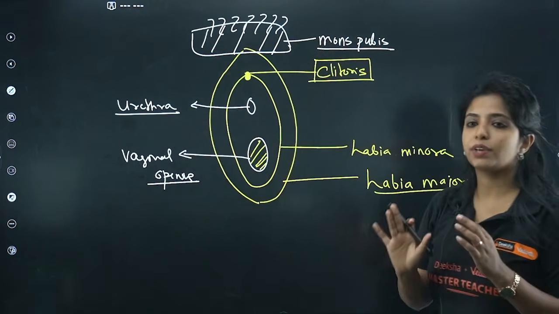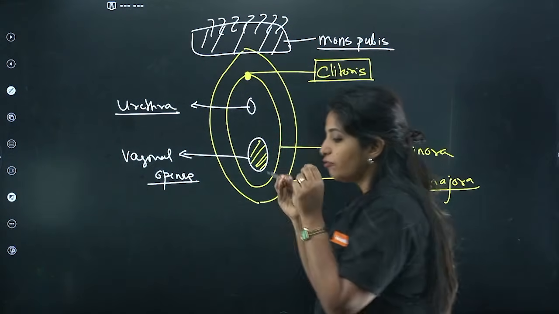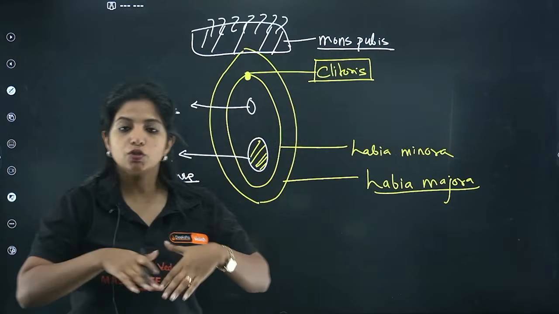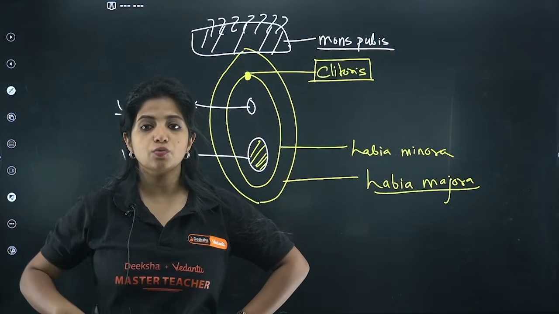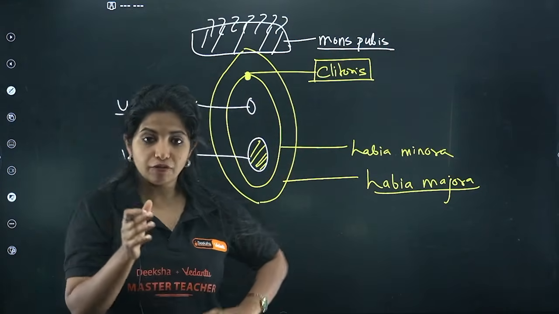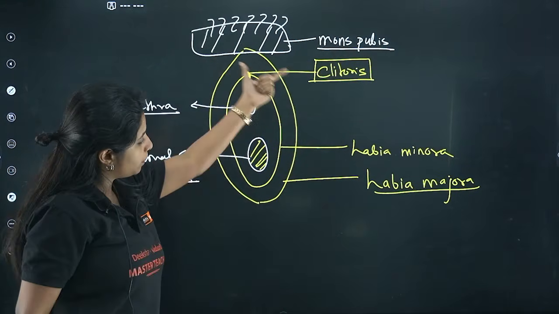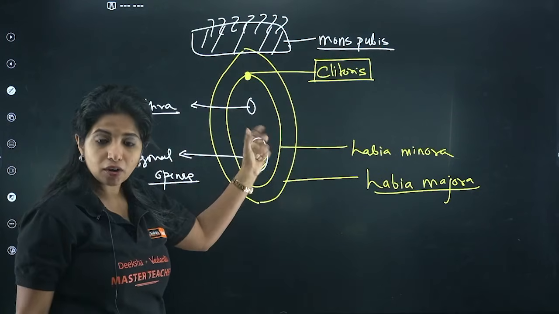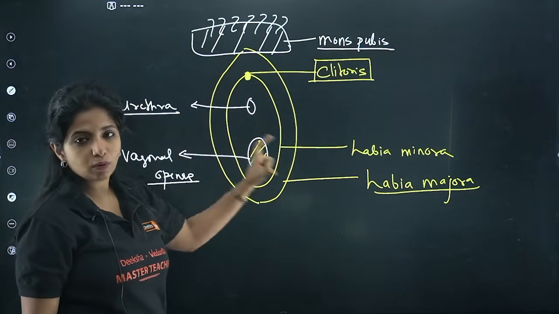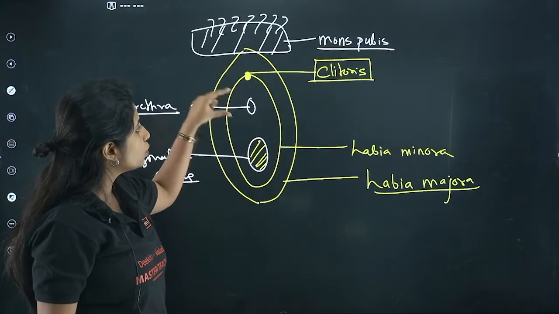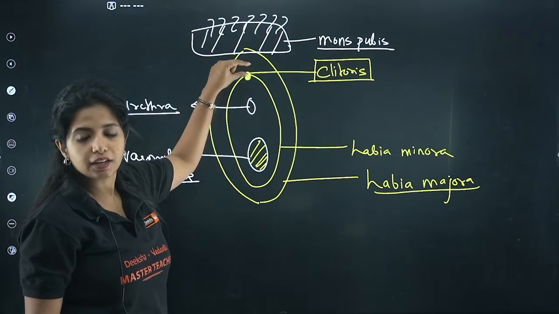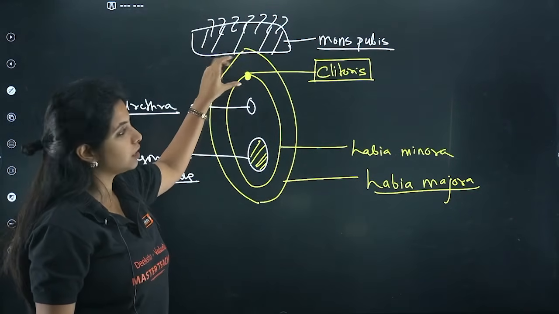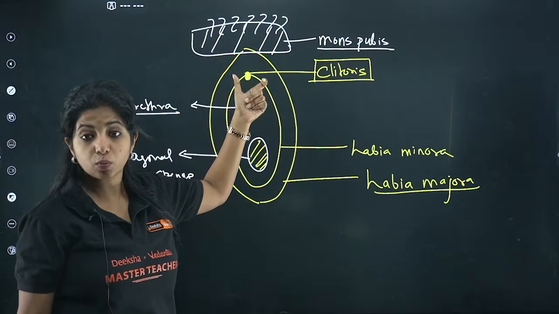All of them together form the female external genitalia. Then if you see from the lower angle, it will be the labia majora, then the labia minora. Two openings out there: one is the vaginal opening, the other is the urethra, and the other will be the clitoris. Okay, it's not an opening, it's basically the joining of the two labia. And the clitoris has erectile tissue.